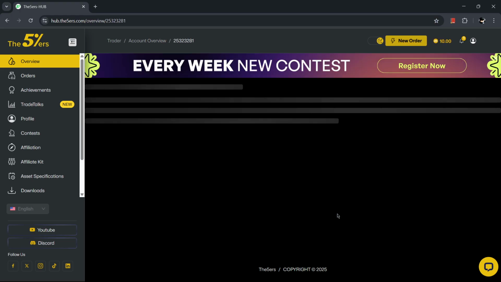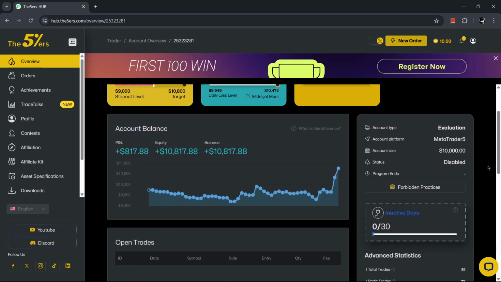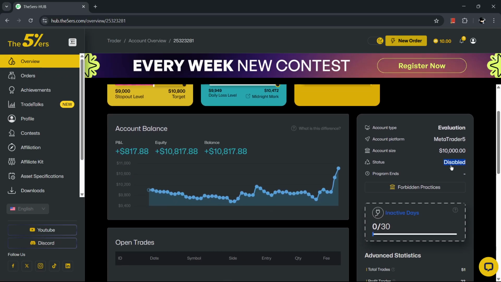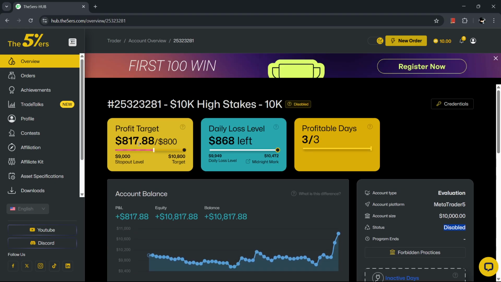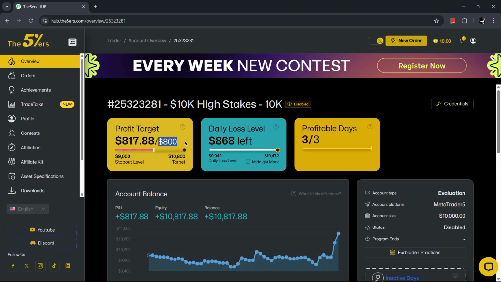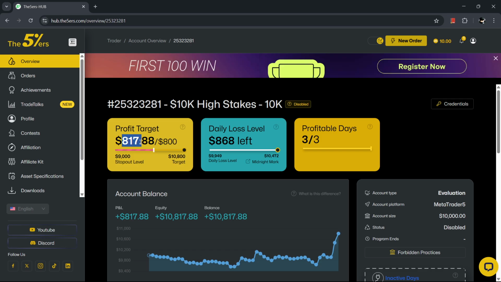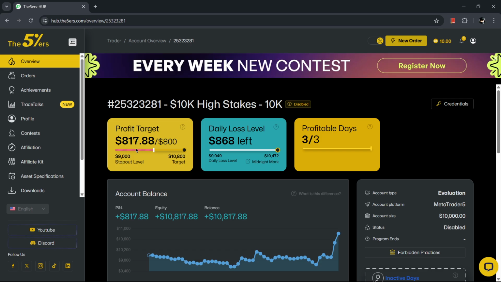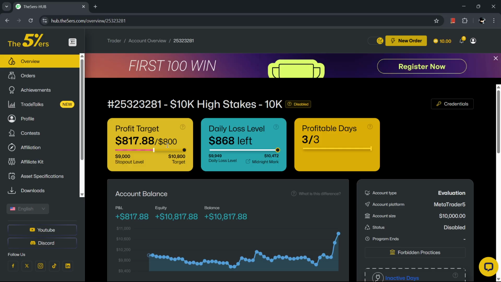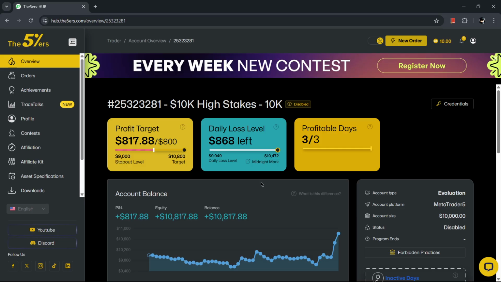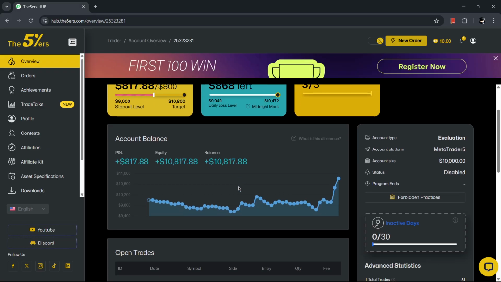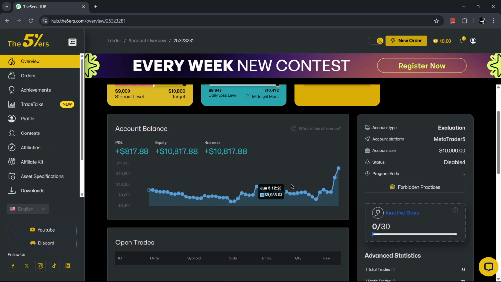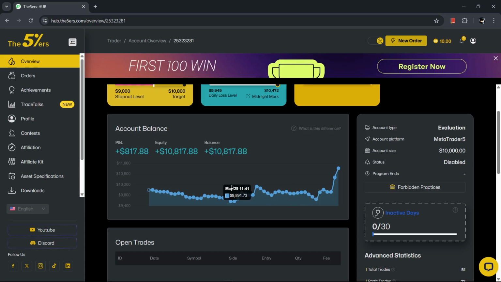So I think after passing, they will disable this account. So we just passed. We made around $817. We need to make 8% of our capital in the first phase and 5% of our capital in the second phase. And you can see how it went.